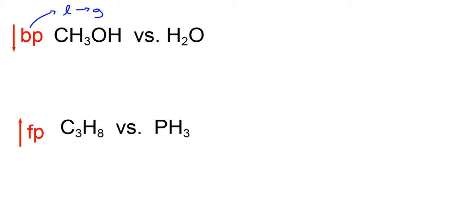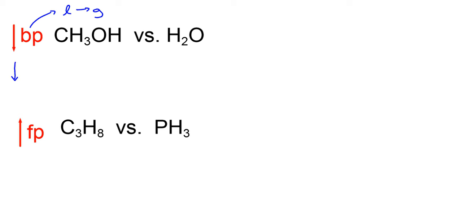So the next step you need to do is get your mind set on what does it mean to be a lower boiling point. Is that a stronger or a weaker IMF? That has to happen before you can move forward. So if it's a lower boiling point, it doesn't need as much energy to overcome those attractive forces. So if it doesn't take as much energy, that means those forces are not as strong.